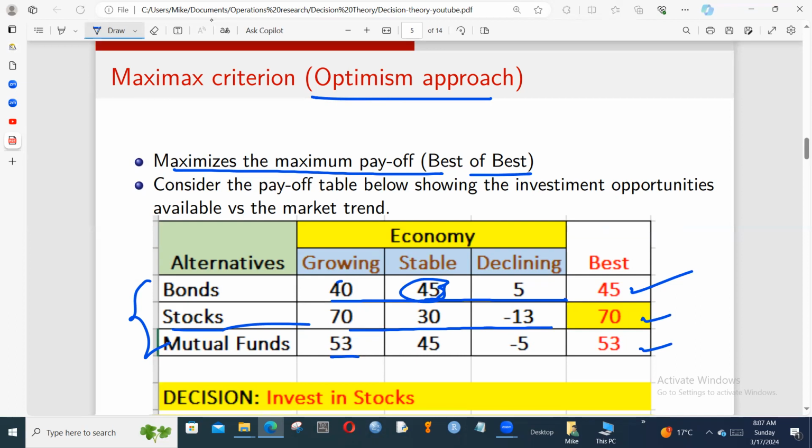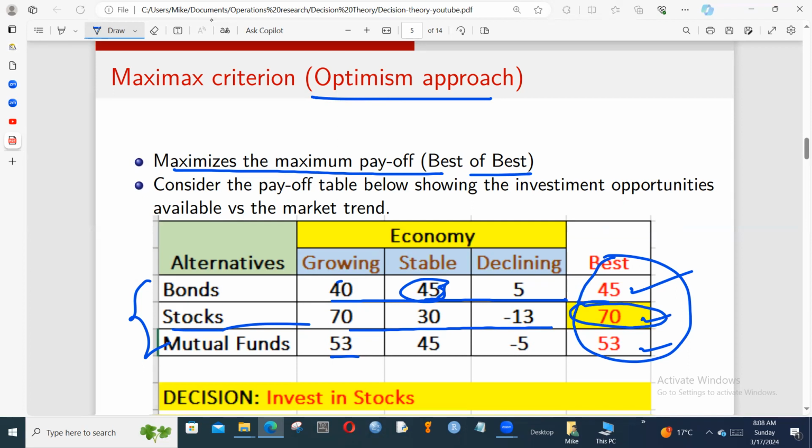So we create a column at the end where we have checked the best payoff for each decision alternative. Then out of this best, we now get the best of the best, the superior one. And the superior one, you can see 70 is higher than the rest.